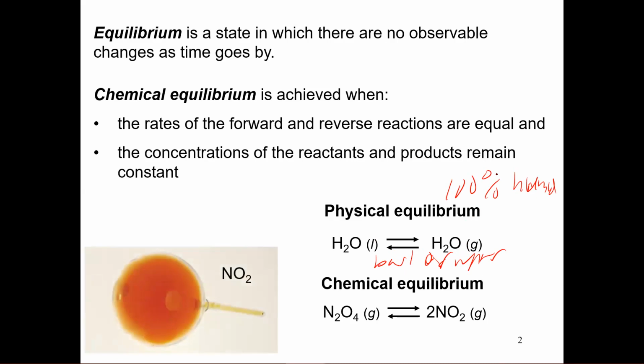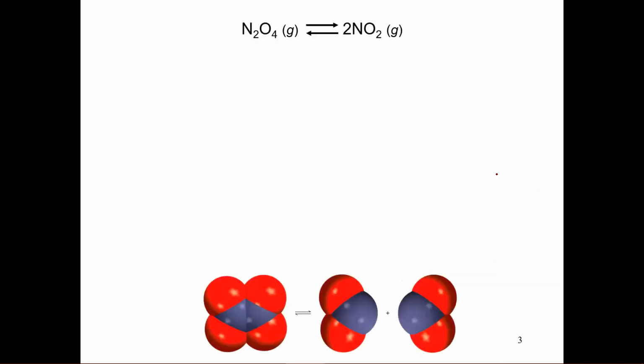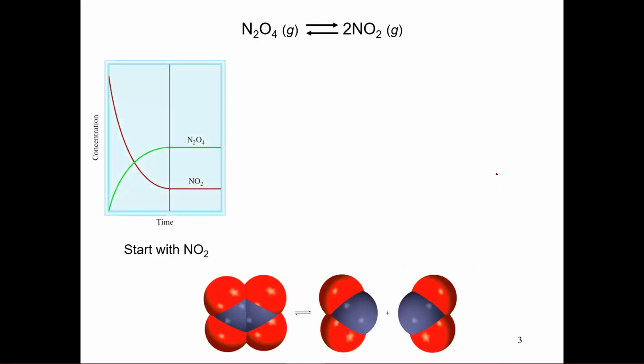Chemical equilibrium, here's an example of dinitrogen tetroxide, N2O4, breaking up to form 2NO2, and then going back the other way, so you have both of them together. If we look at this reaction, you start with NO2 here, and N2O4 is 0; this is 0, and this is some number, say 10.